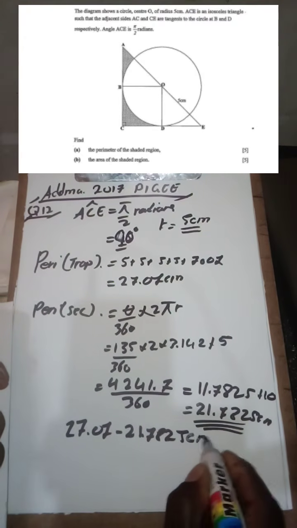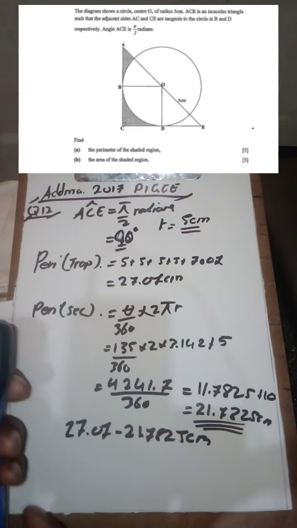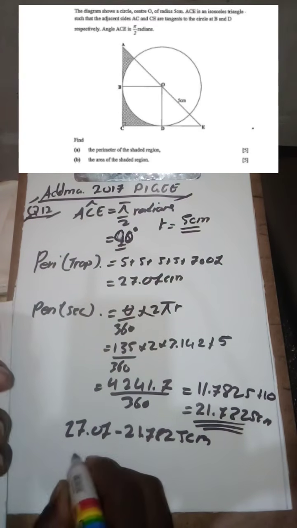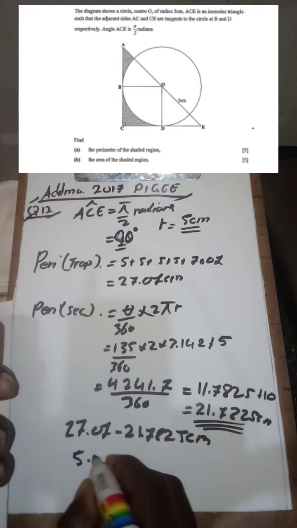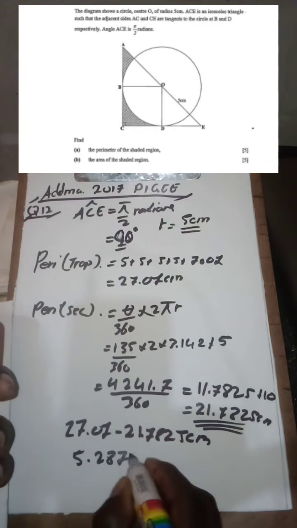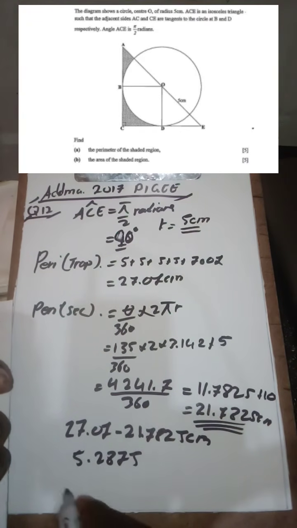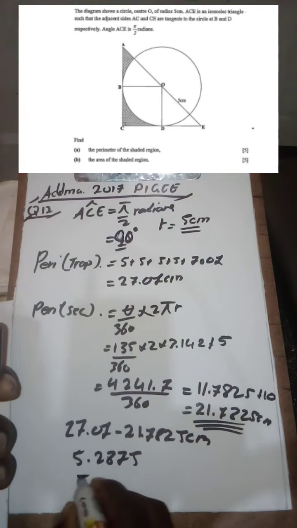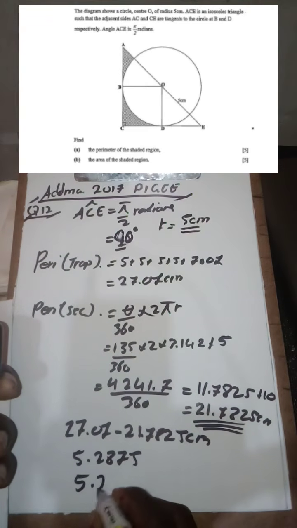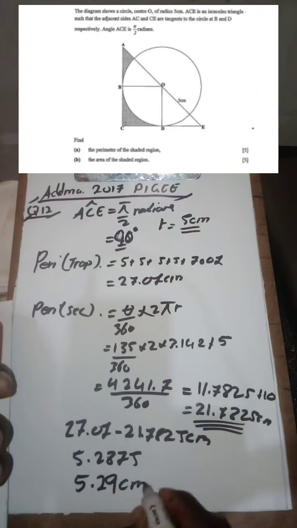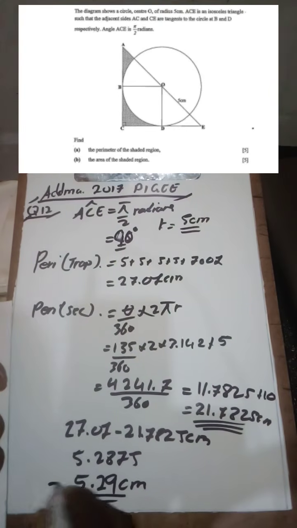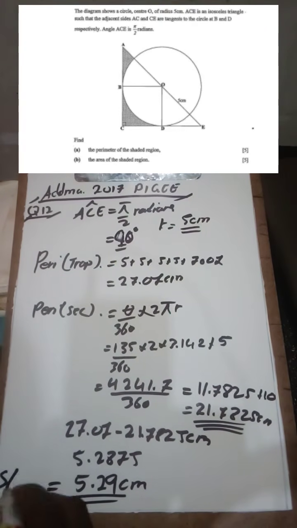I'll round off at the last. So what we're going to have is 5.2875, which if you round it off, you're going to have 5.29 centimeters as the perimeter of the shaded area.